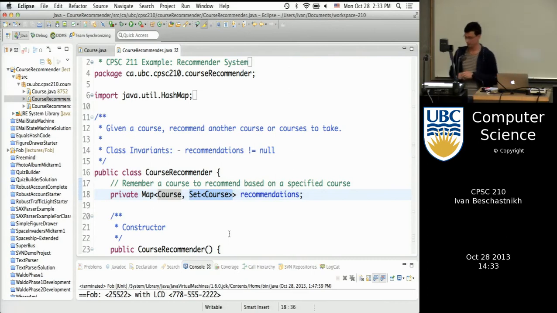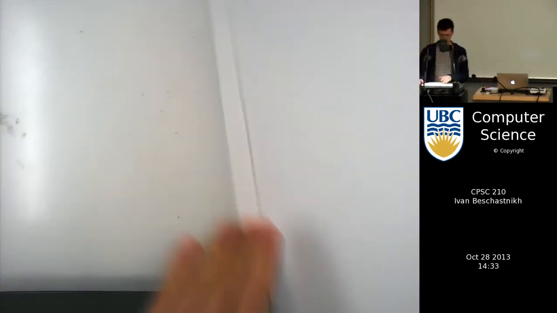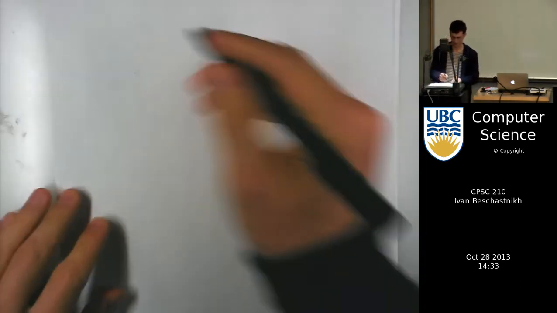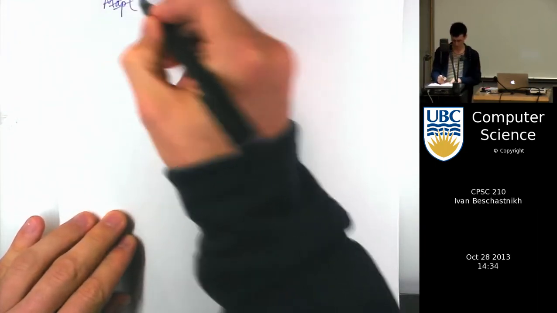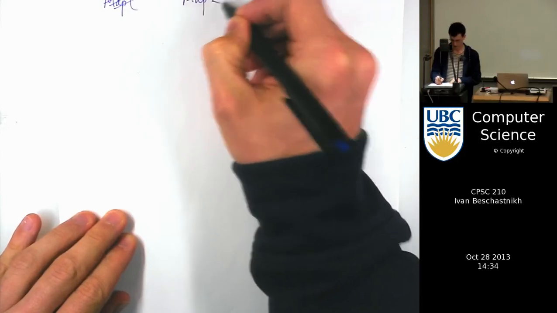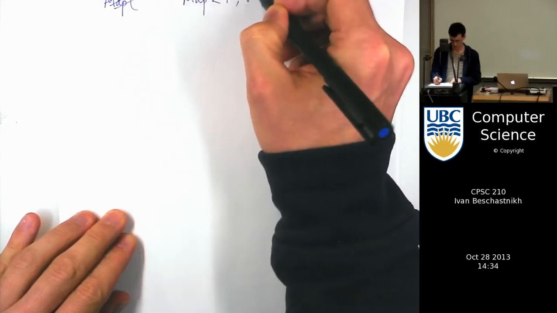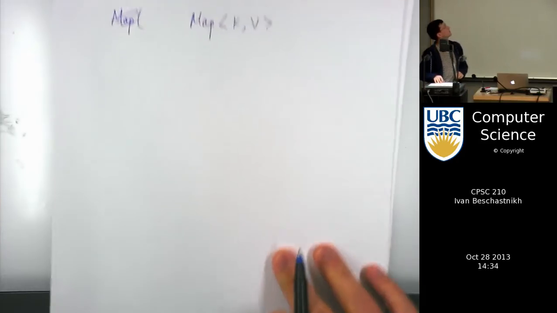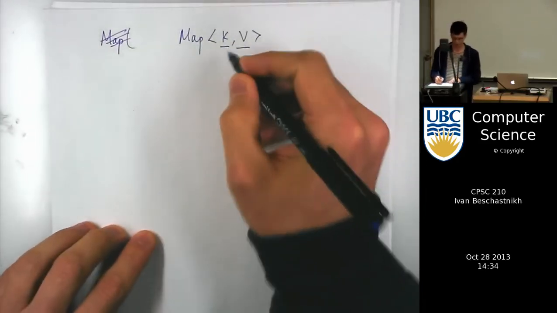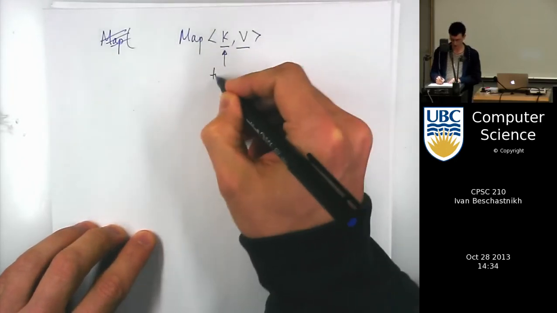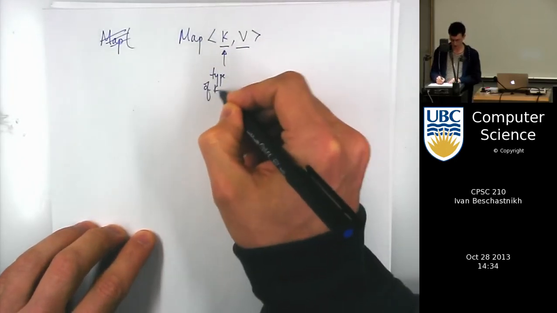Okay. So the way to see this is that I have a map, and it has 2 parameters, 2 types as input. There's a type K and V. So K is going to stand for the type of keys in this map.